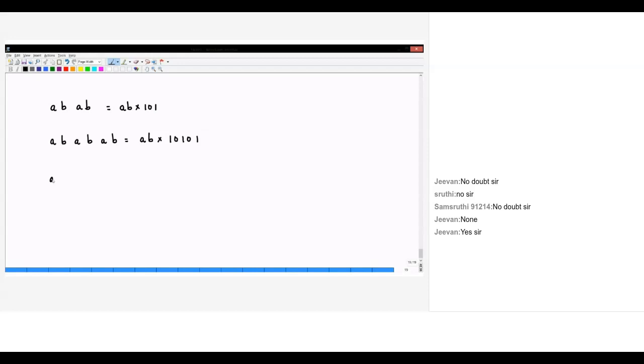If there are 4 ABs, then you can write it as AB into 1, 0, 1, 0, 1, 0, 1. There are 4 ones.